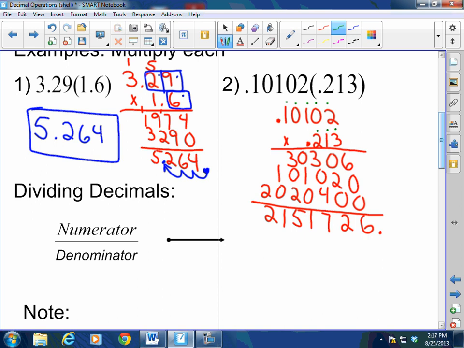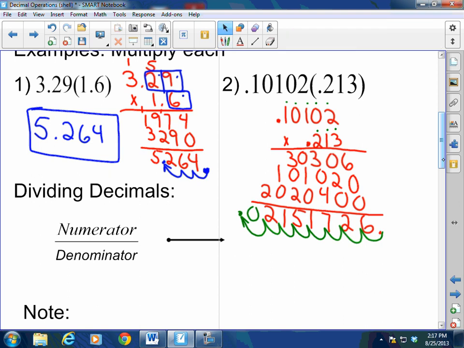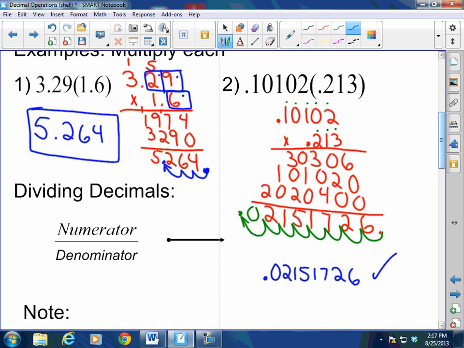So I have to go 1, 2, 3, 4, 5, 6, 7, 8. An extra space. Where do I put that? A 0. So my final answer is 0.02151726.